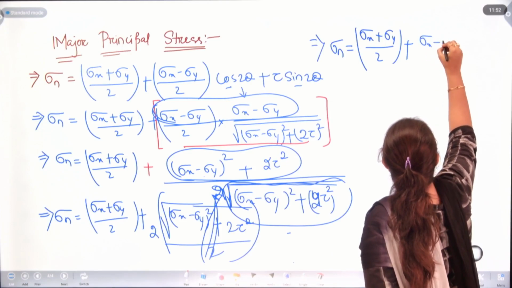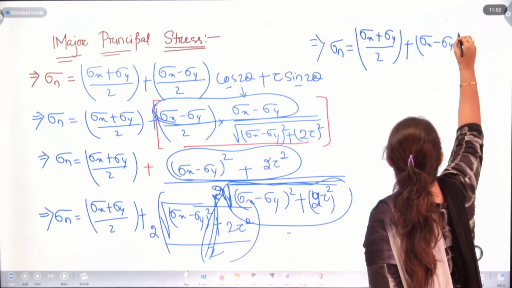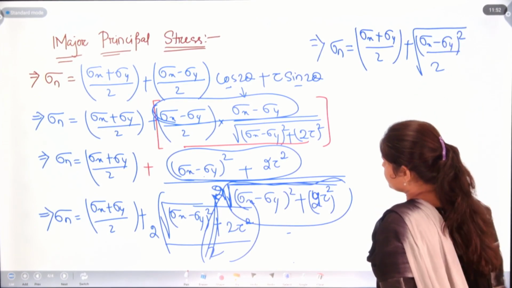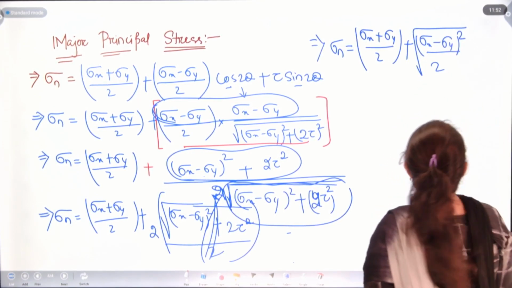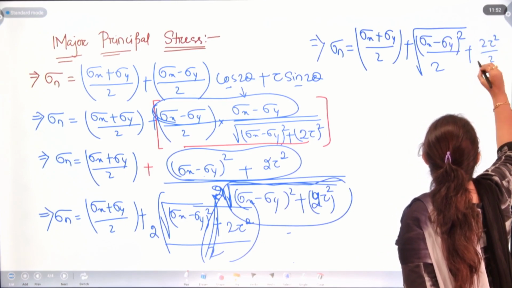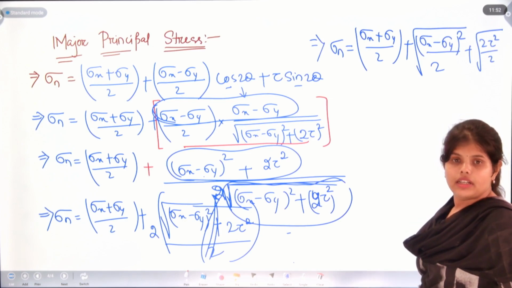Sigma x minus sigma y whole square by 2 under root plus 2 tau square upon 2 under root, right?